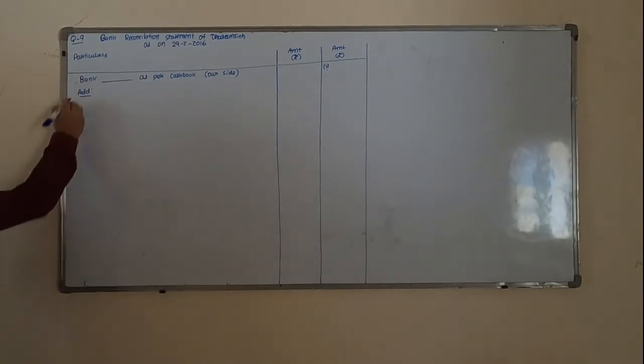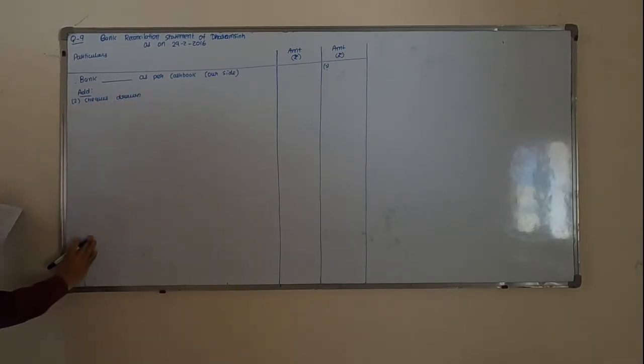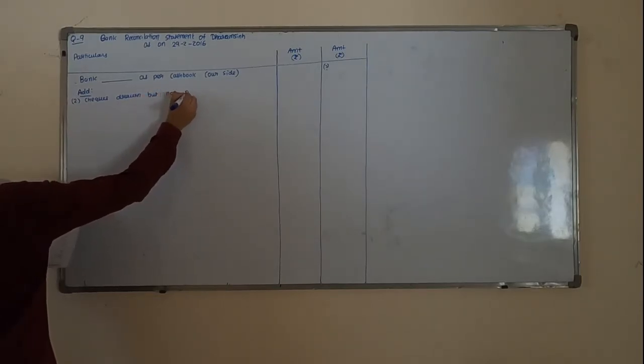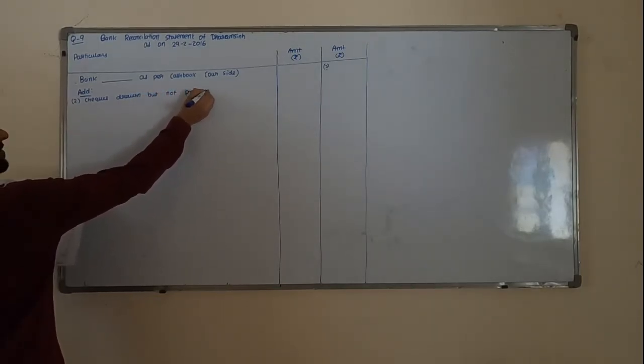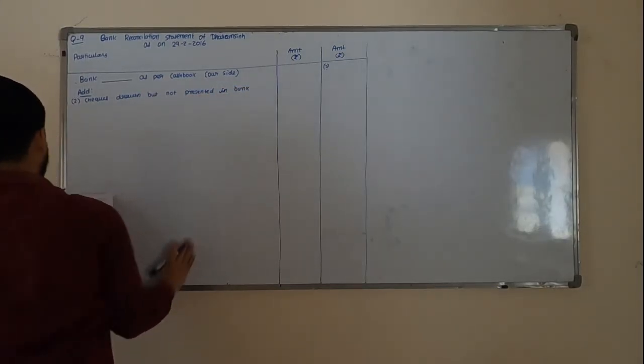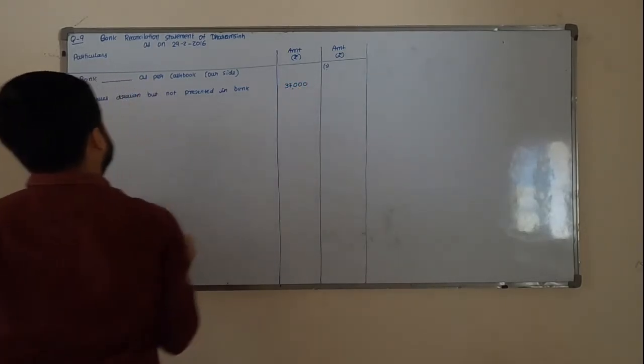First transaction to add is number 2. Checks drawn but not presented in bank, 37,000.